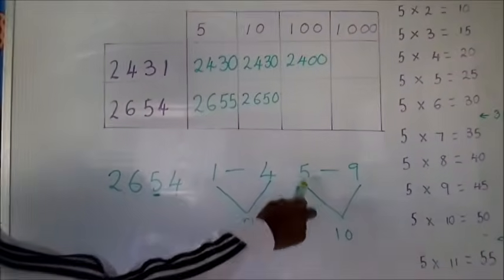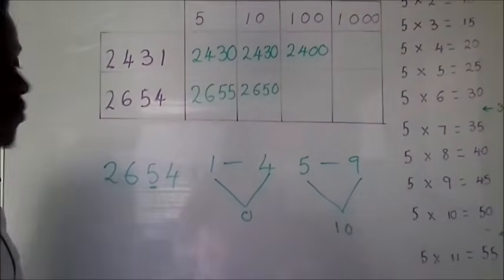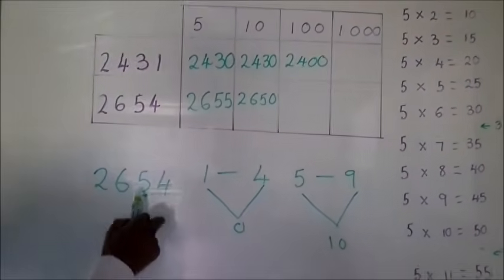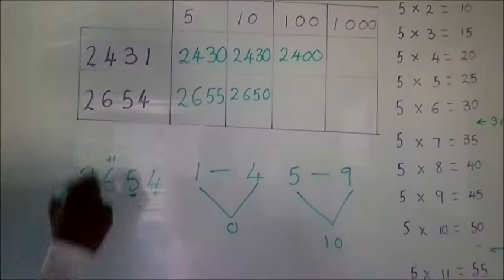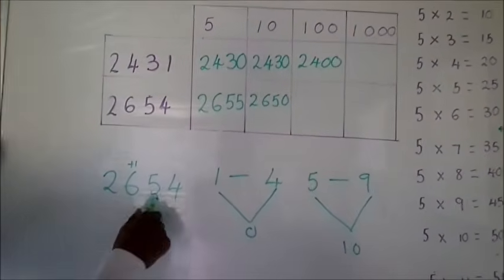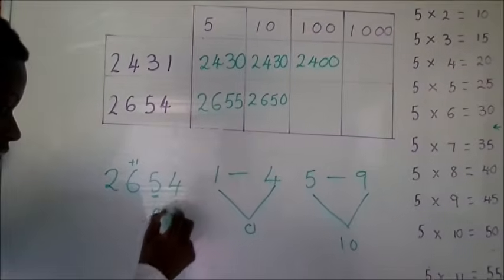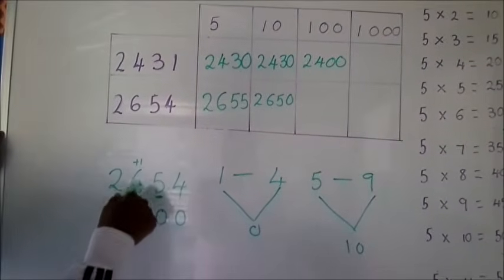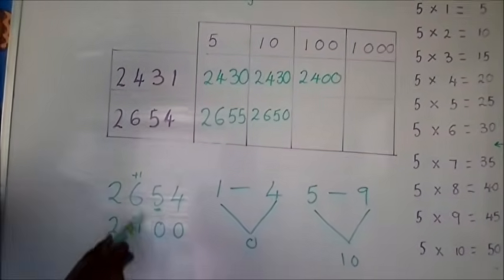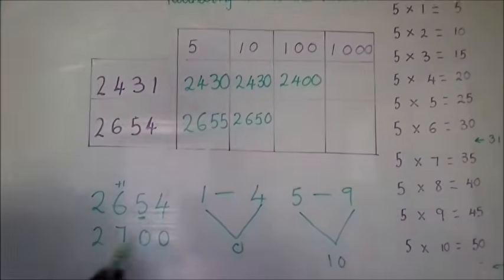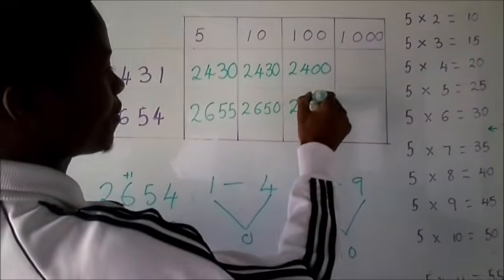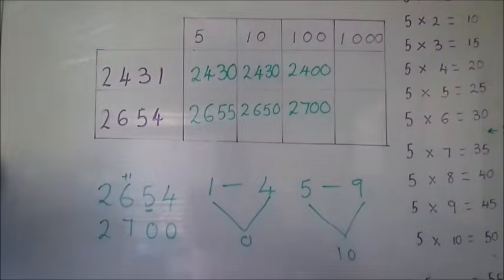Each time a number rounds up to 10, we add 1 to the following number. So since 5 is nearer to 10, I'm going to say plus 1. 5 becomes 0. Always the number you underline becomes 0. 4 will become 0. Now we have to add 1 plus 6 is 7. 2 is not affected. So 2654 to the nearest 100 is 2700.